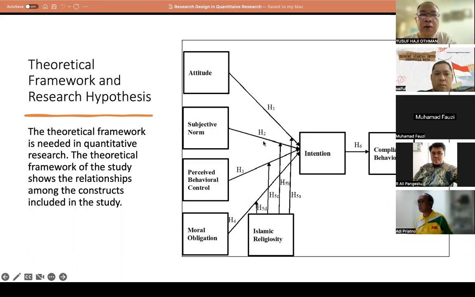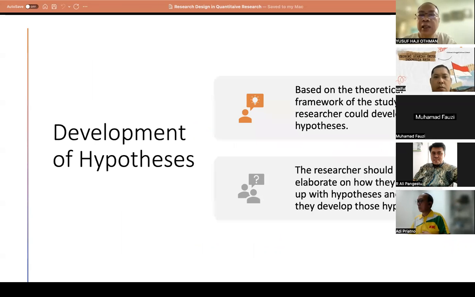Hypothesis number 2, for example: subjective norm has a significant and positive influence on intention to comply with zakat payment among school teachers in Kedah, and so on.